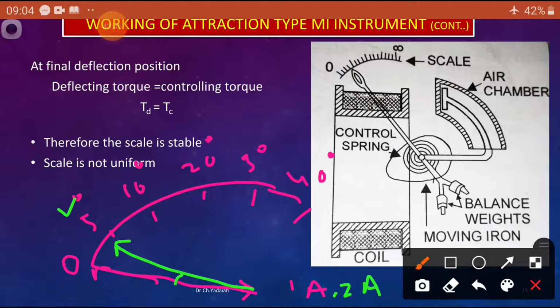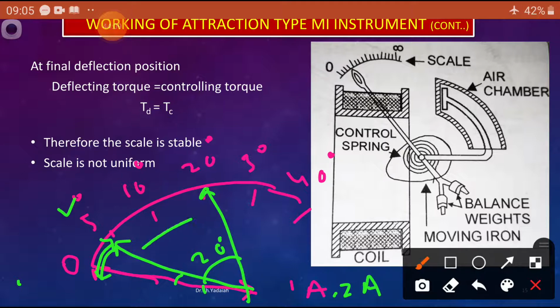That is the distance, the arc length. Now at 2 amperes it goes to 20, so this angle is 20 degrees.